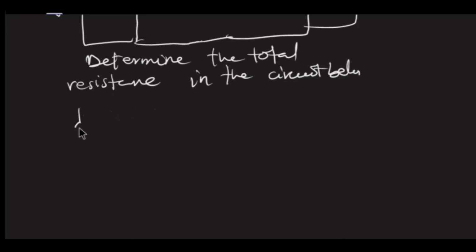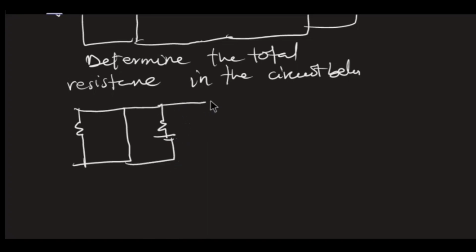So I have 4 ohm, here is 2 ohm, here is 3 ohm, here is 7 volts, then this place is 4 ohm. When I have this circuit, to determine the total resistance you need to find the effective circuit, the part of the circuit which is working. That is, if there is any short circuit, you identify it.